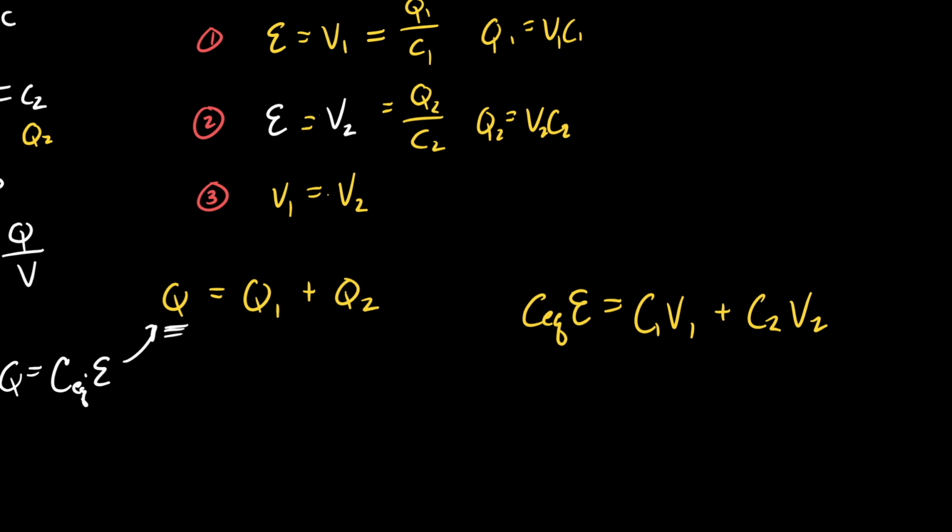But we also know that the potentials are the same across all of them. So I think I can just divide out by the potential difference, leaving me that the equivalent capacitance is equal to the sum of the capacitors that are in parallel. Pretty straightforward.